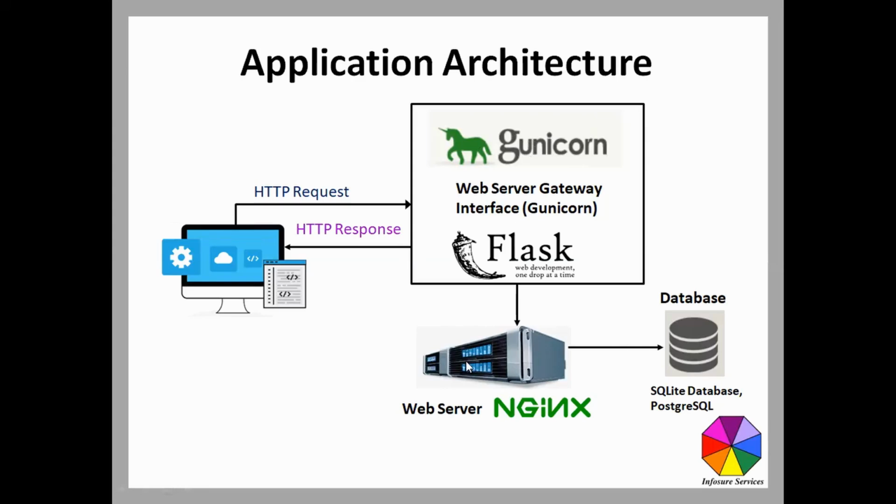Now that interfaces with a physical machine called the web server. So that's a layer between your web server and the client, and then you have other components like a database server that could run a database on SQLite or Postgres.